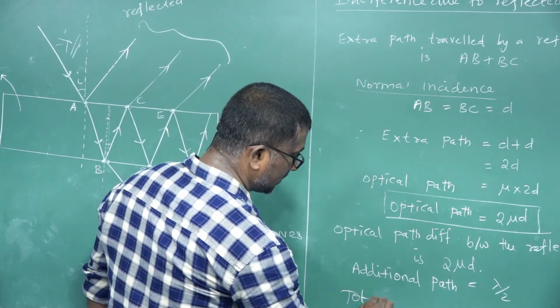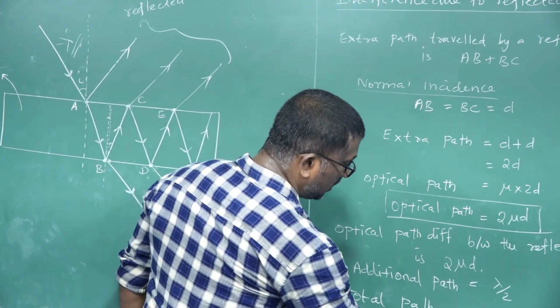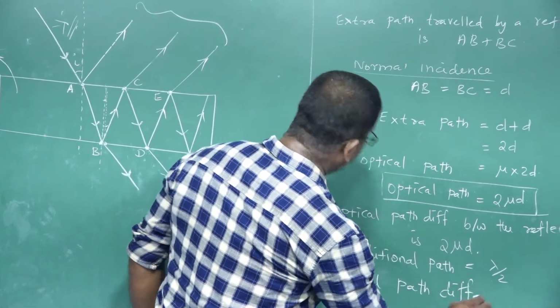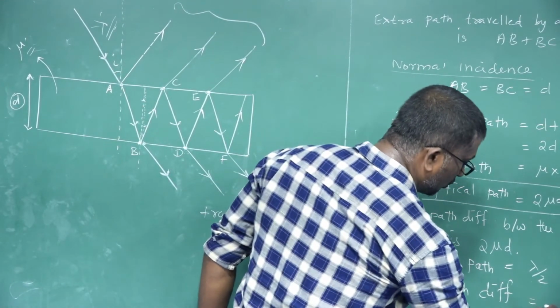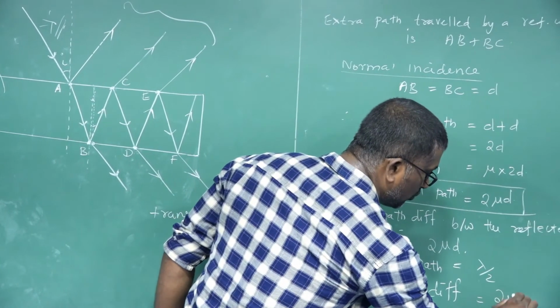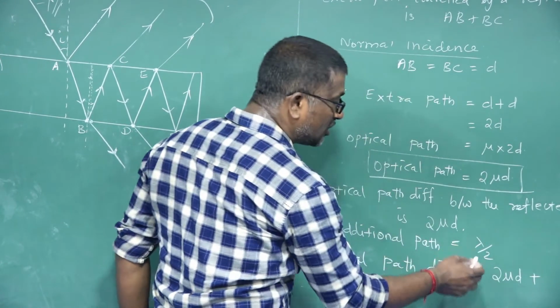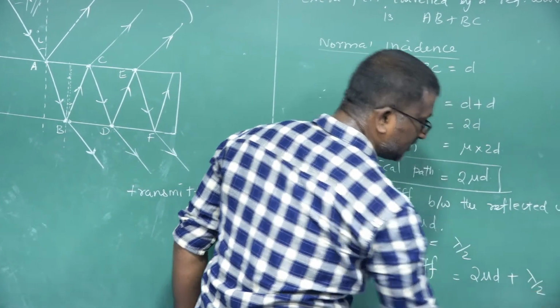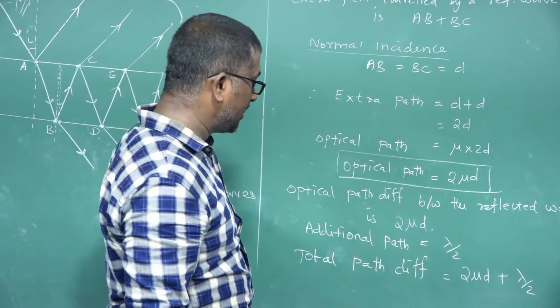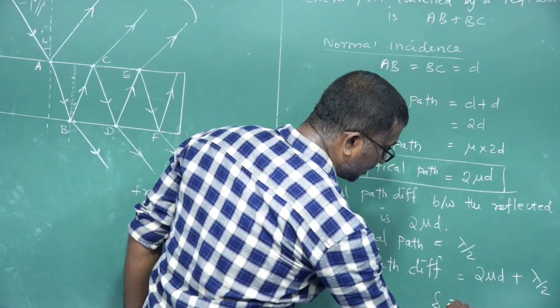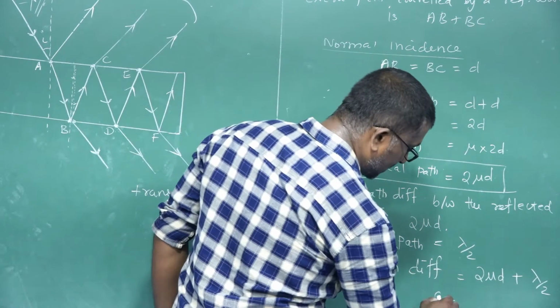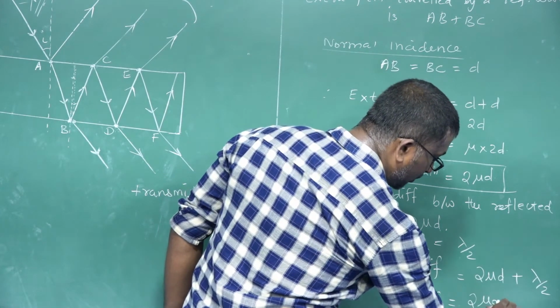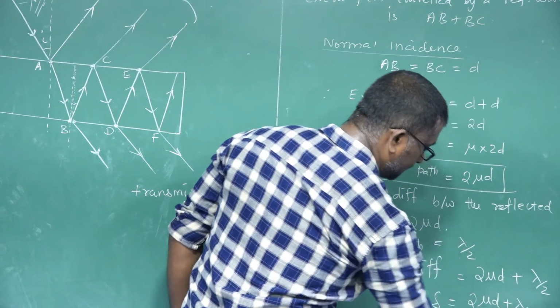The total path difference between the two reflected waves from the points A and C is the actual path difference 2 mu d plus the additional path difference lambda divided by 2. So this is the total path difference between the reflected waves in the thin film: delta is equal to 2 mu d plus lambda by 2.